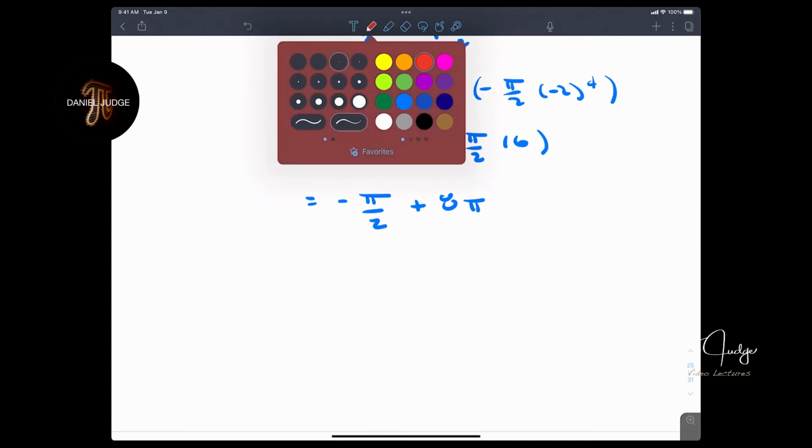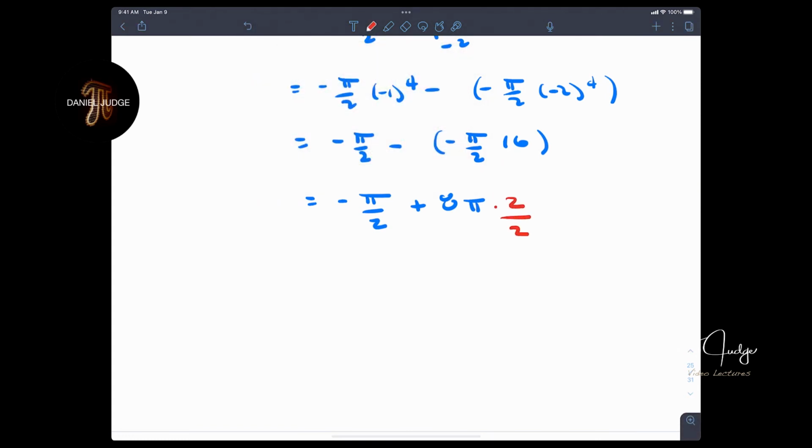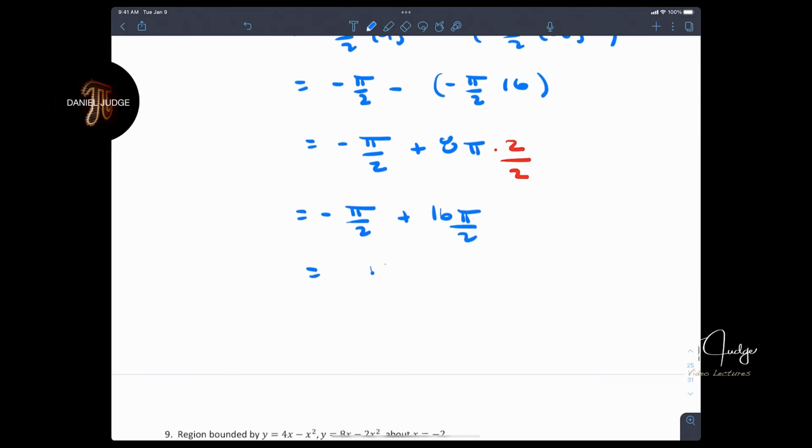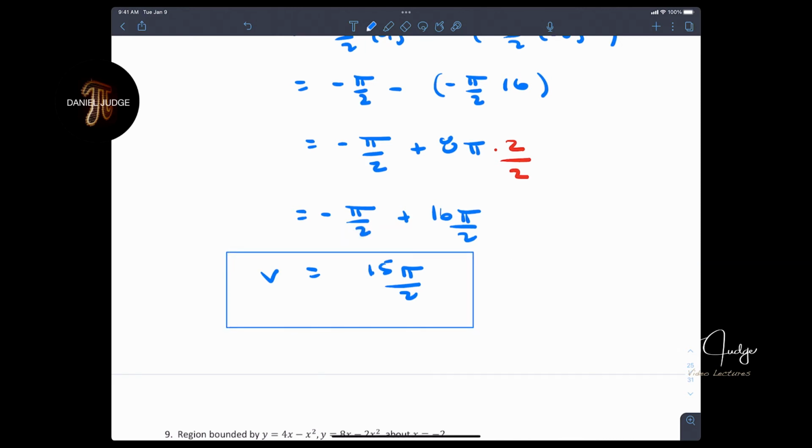So what we can do is multiply this top by 2, bottom by 2 to add, so we should get 15 pi over 2 now here.